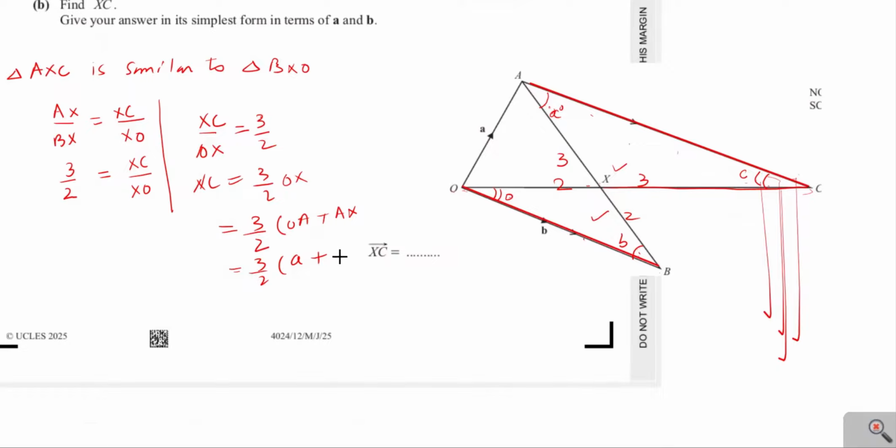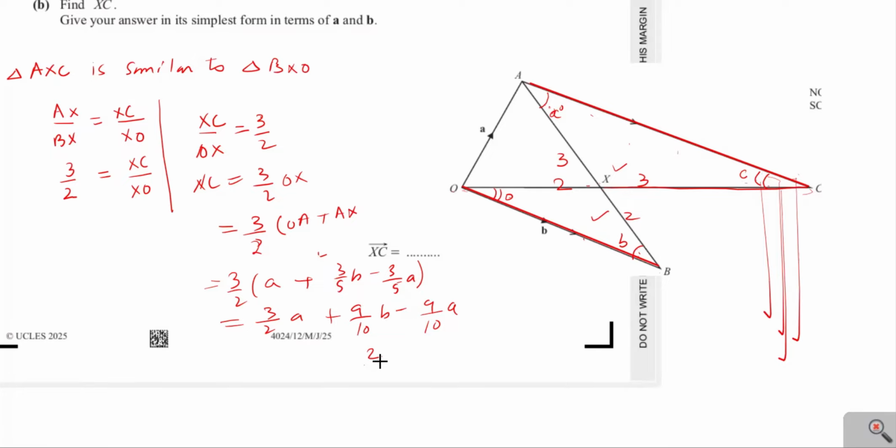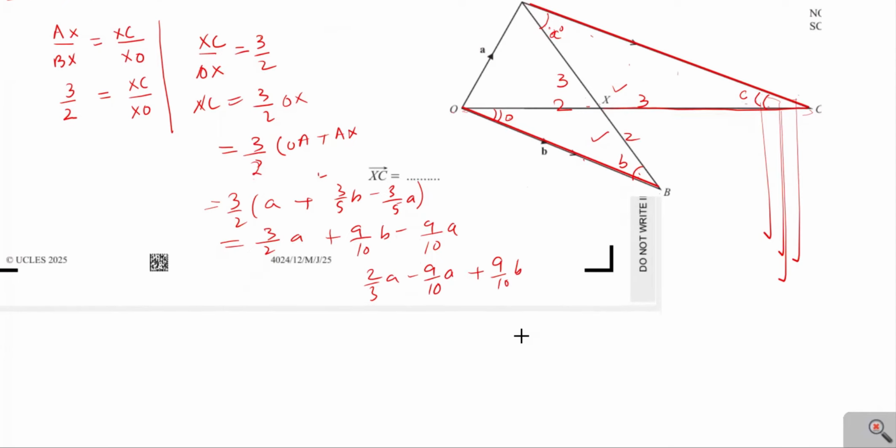We write here 3 over 5 b minus 3 over 5 a, and we write this 3 over 2 a plus 9 over 10 b minus 9 over 10 a, and 3 over 2 a minus 9 over 10 a plus 9 over 10 b.